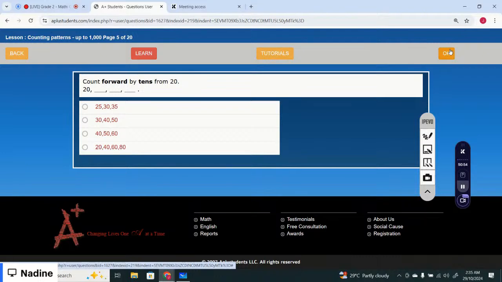Count forward by tens from 20. So, which is the correct option? You are counting by tens, so 30, 40, and 50.